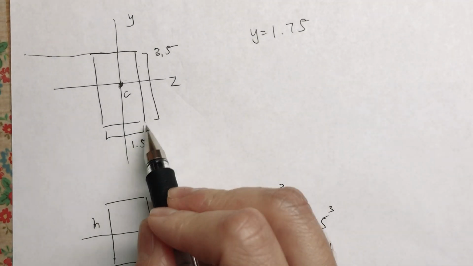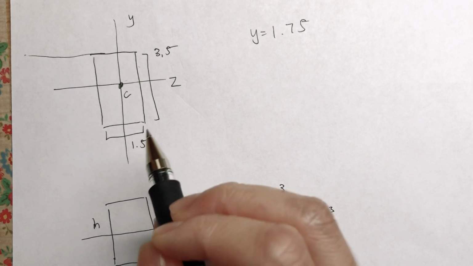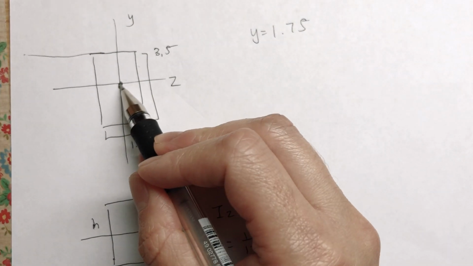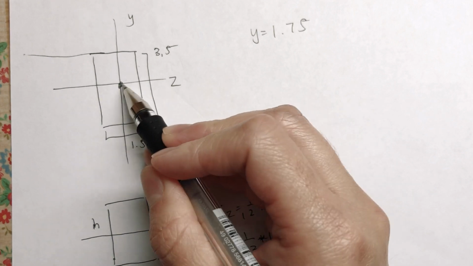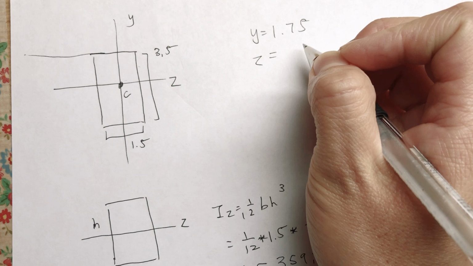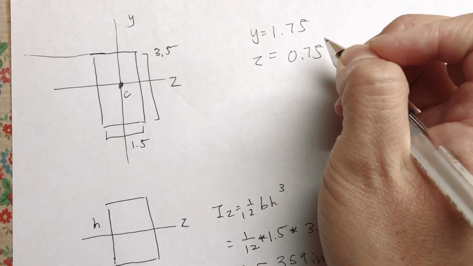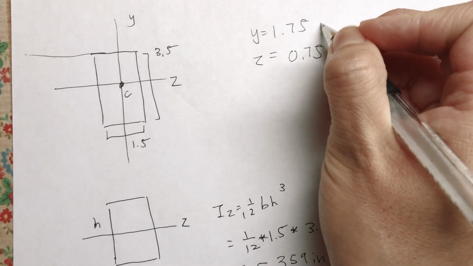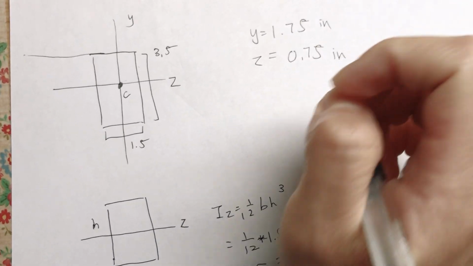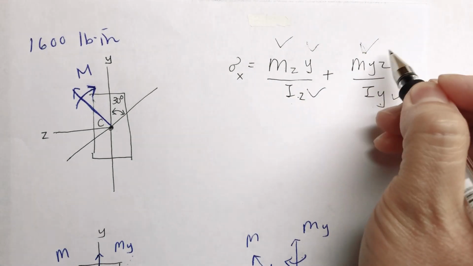The z term is along the z-axis, so that's half of 1.5. So it's from the centroid to the right or the left. You always go from the centroid. So z is 1/2 of 1.5, so that's 0.75, and this is in inches. So you have the y term and the z term.